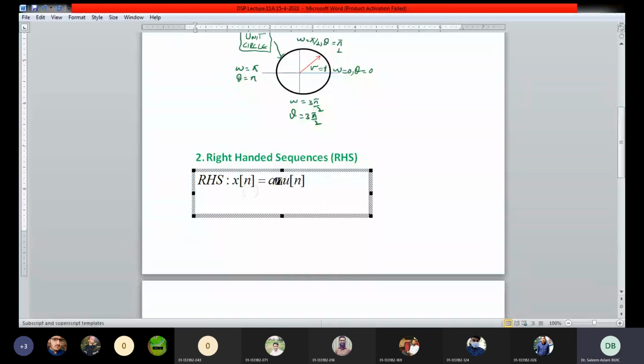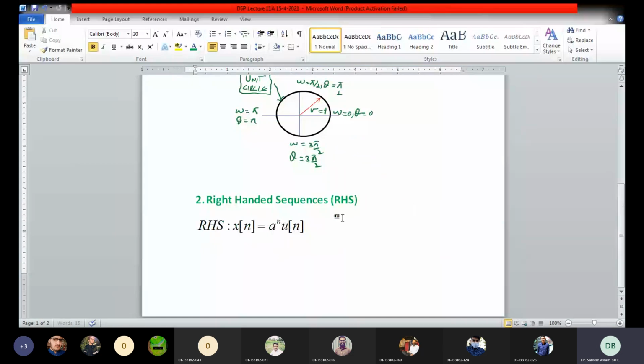Hopefully, so this is one class of system that belongs to a of n, u of n, and I don't need to explain more because we talked a lot about a of n, u of n during the discrete time Fourier transform analysis as well.